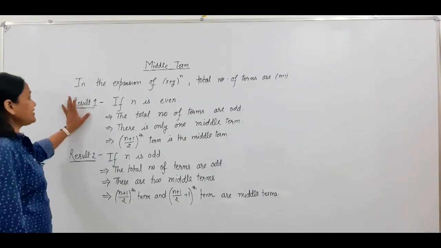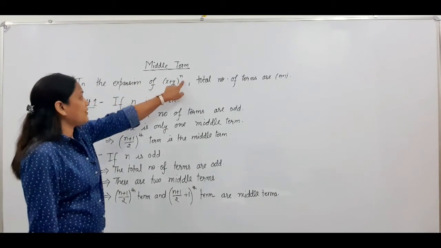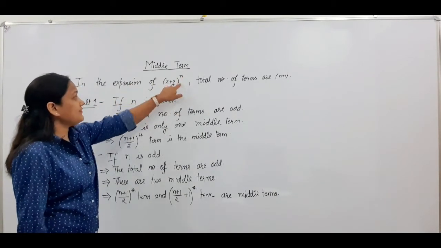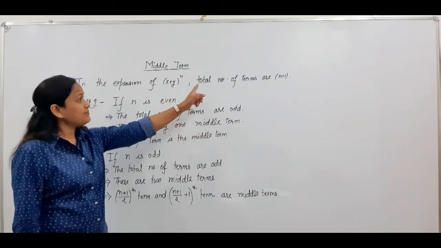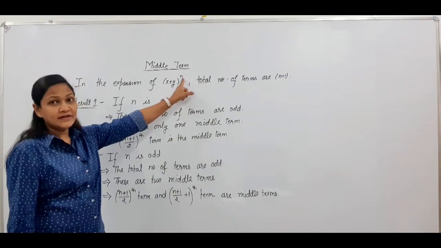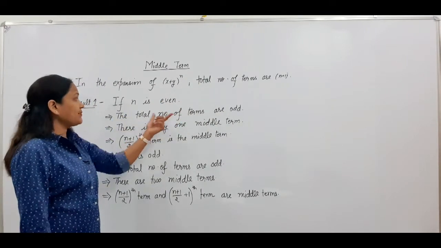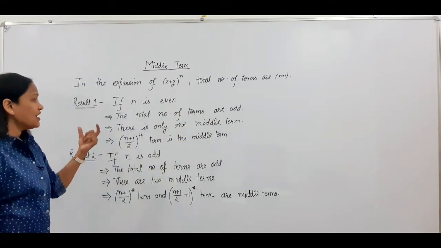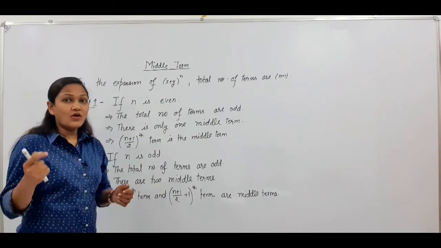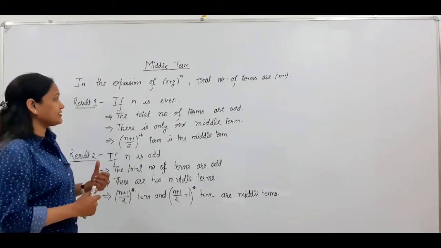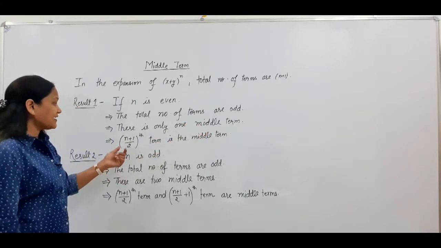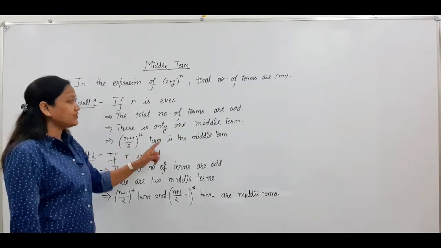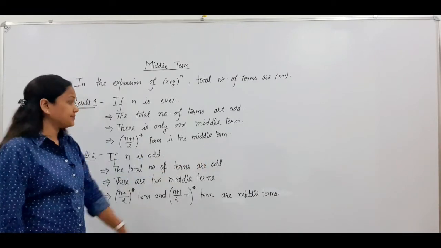So if n is even, then the total number of terms is odd, one more than n. Within an odd number of terms there is only one middle term. And what is that term? The (n+1)/2 th term will be the middle term.